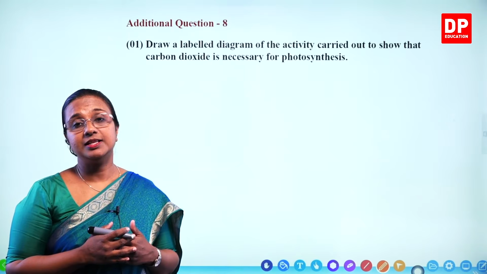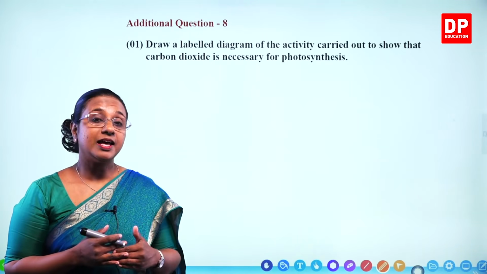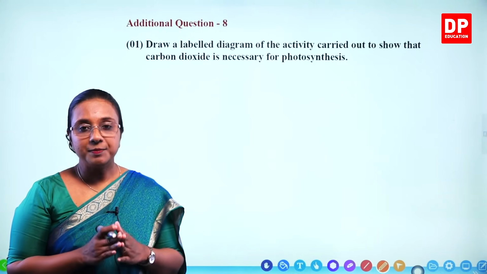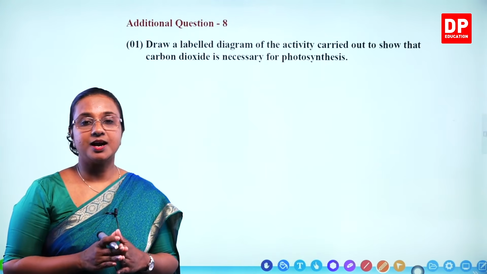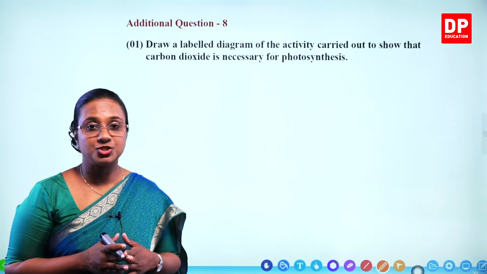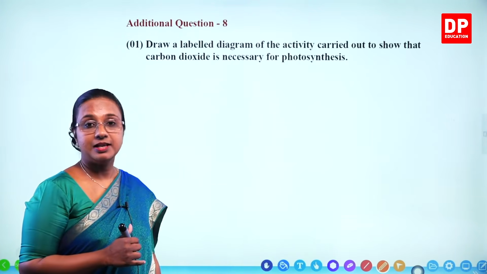Then we leave it in the sunlight for 3 to 5 hours. After that, we pluck the 2 leaves separately, prepare them for the test for starch, and then you will get the required observation. So here we only need to draw the labeled diagram.